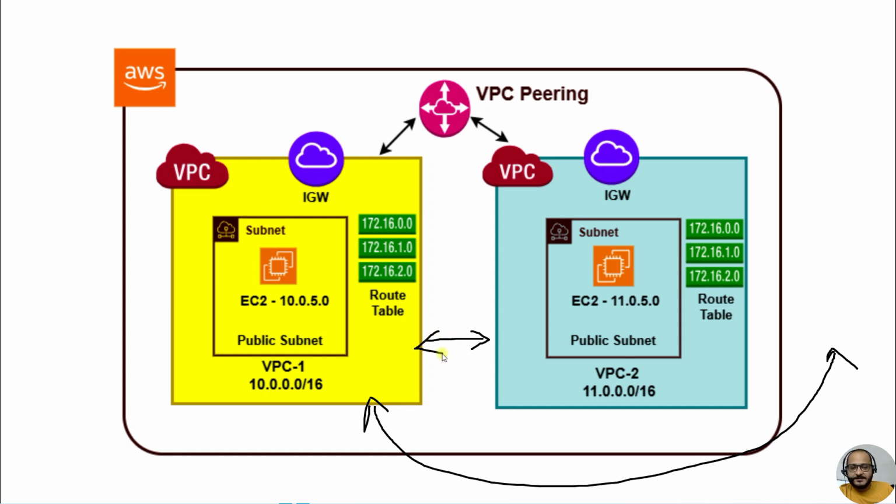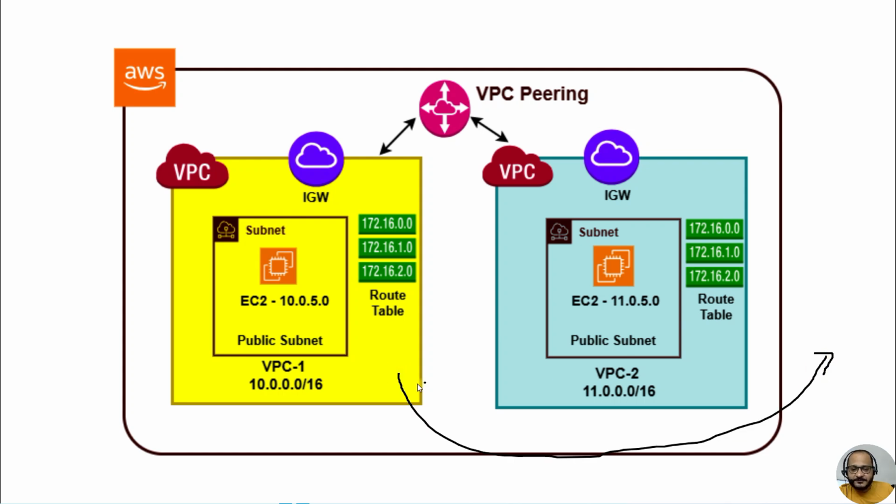So it means you can communicate from VPC1 to VPC2, but if you have another VPC, you cannot communicate directly from VPC1 to that VPC which we create. For that again you have to set up peering connections. So if we use VPC peering and have more virtual private clouds, it becomes a little messy to manage, because you have to update two routes in each route table.